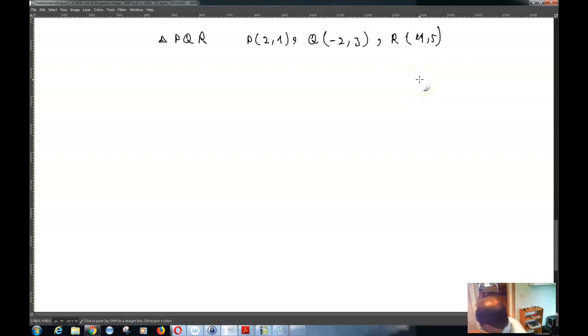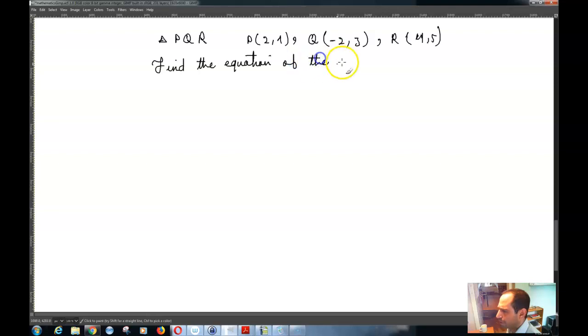You want to find the equation of the median through the vertex R.